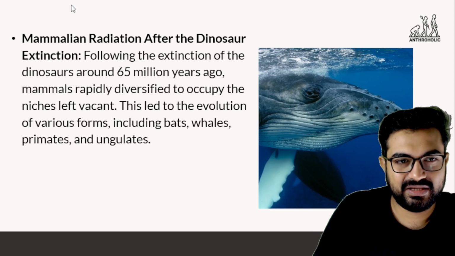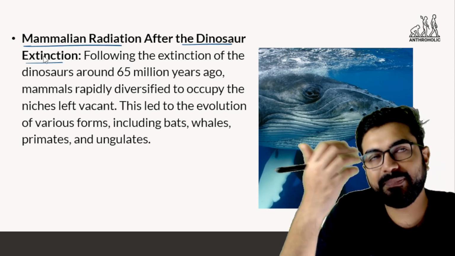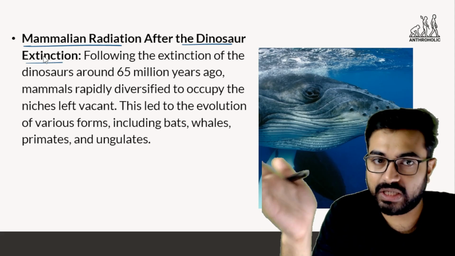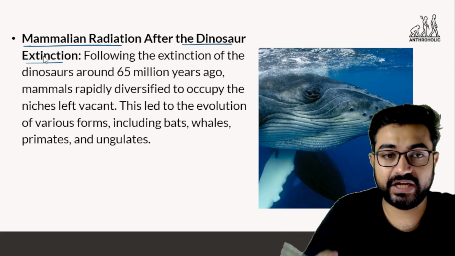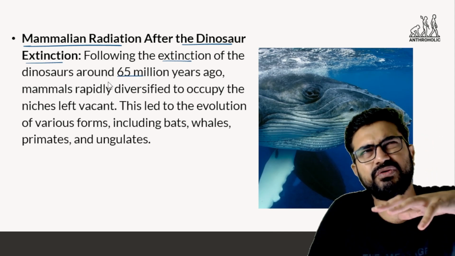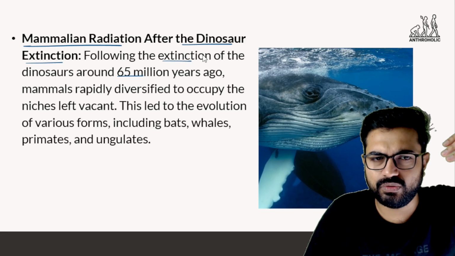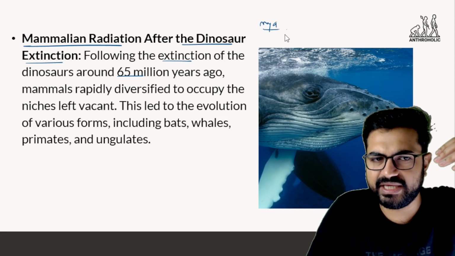Another example is mammalian radiation after the dinosaur extinction. In the story of evolution, as you know, the mass extinction of dinosaurs took place around 65 million years ago, represented as MYA.